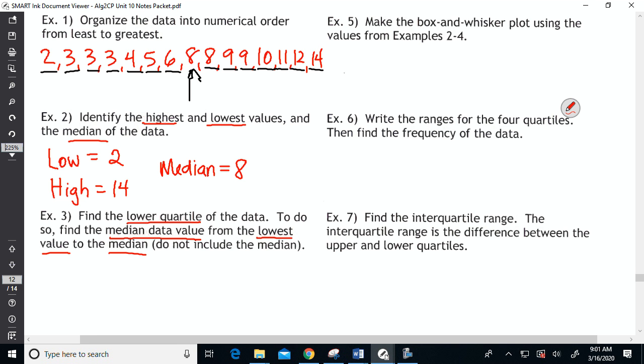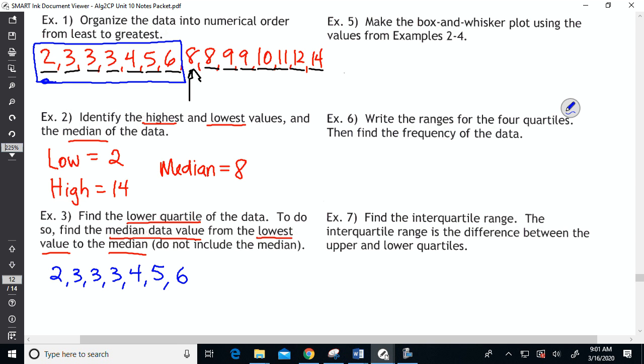So that means they want to know what is the middle number from the lowest value all the way to the median, but you're not going to include it. So it's just the set of numbers that I've just drawn in blue. So it's just from the numbers 2, 3, 3, 3, 4, 5, and 6.